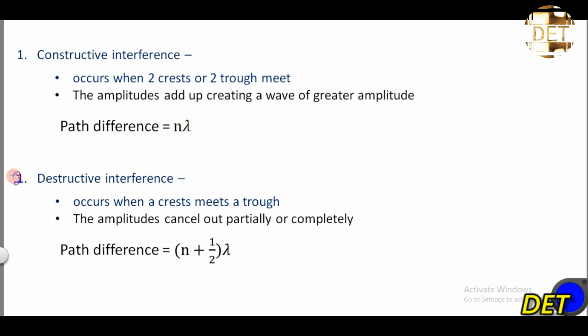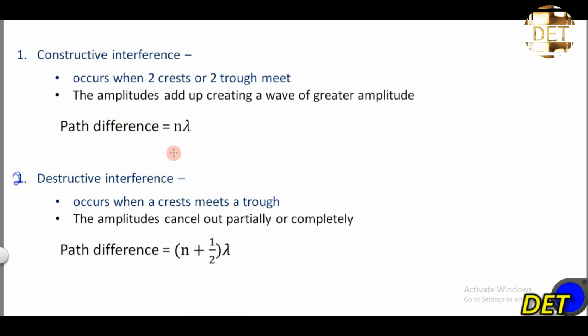Then the second type of interference that we have is the destructive interference, and it occurs when a crest meets a trough, and we've looked at that graphically. So it is destructive because the amplitude will cancel out partially or completely. The path difference is equal to (n + 1/2) lambda. So note the path differences for the two.